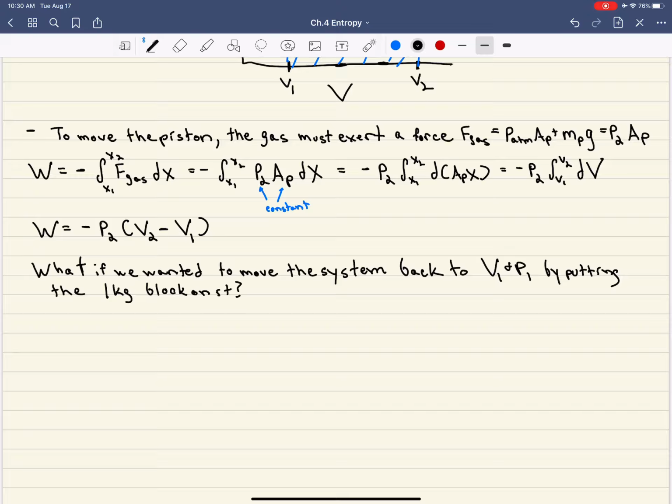In that case, we can split up the backward process the same way we split up the forward process.